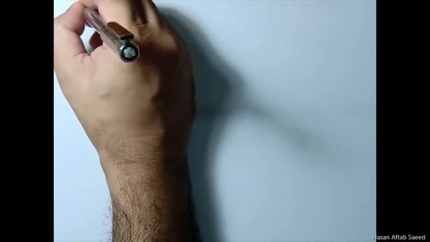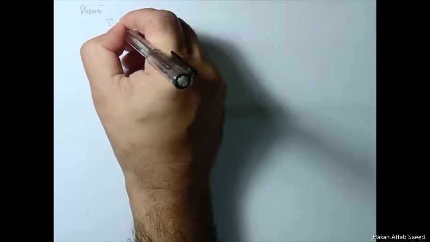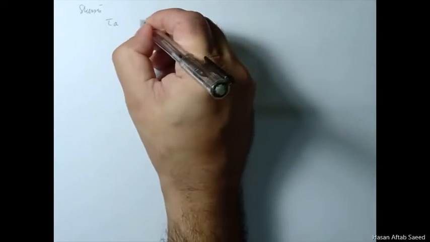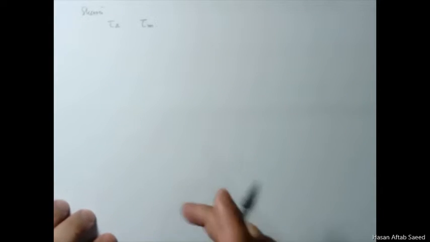So here the stresses will be, this time you'll calculate tau A, tau M, not sigma A and sigma M as you did previously. And once you have the stresses and the strengths, the rest is again very similar in approach.